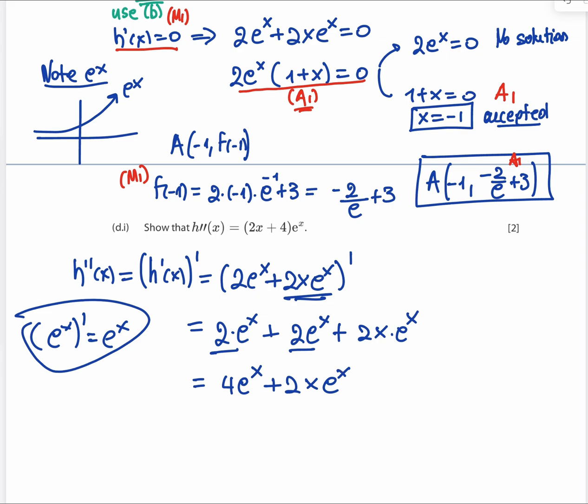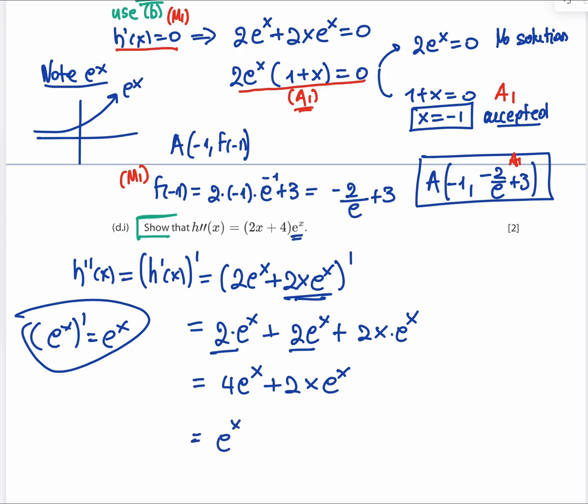The thing is, if you see what we have, it's a show question, right? Show that. So that means that we have to put it in that format because it doesn't match exactly. If we see what the question says, show that, it says that we have to factor the e to the power of x. So let's just do that.